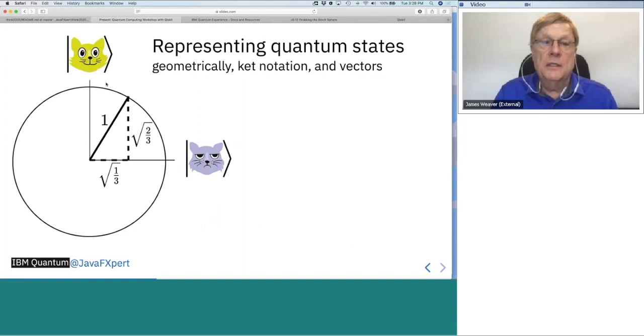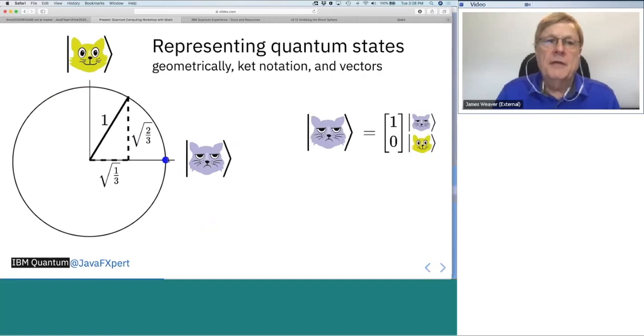I can represent in this 2-dimensional space a grumpy cat over here by putting a dot right here, a 1 on the grumpy axis, and I can say in vector notation here that my grumpy cat is 1 on the grumpy axis and 0 on the happy axis.